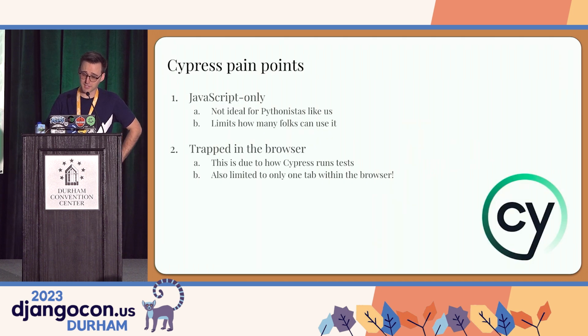But Cypress, as we know, is not perfect. First of all, it is JavaScript only, so it is not ideal for Djangonauts like us. And I mean, you could say, well, JavaScript is the language of the modern web. And I'm like, well, not everybody needs to be shoehorned into JavaScript to be able to build cool things, right?